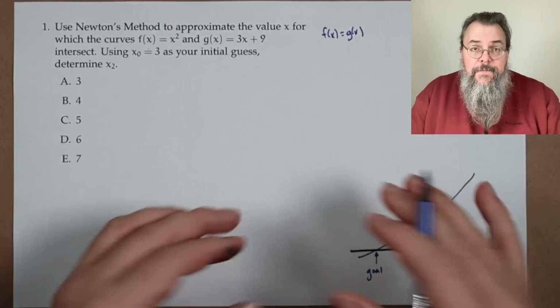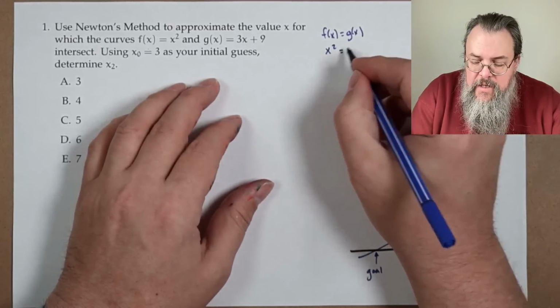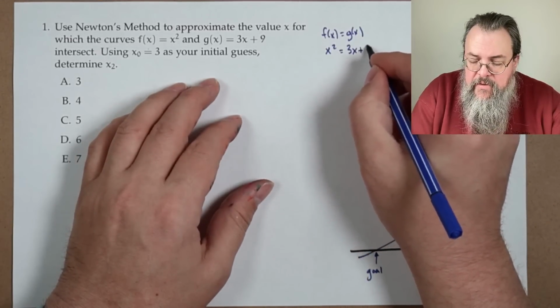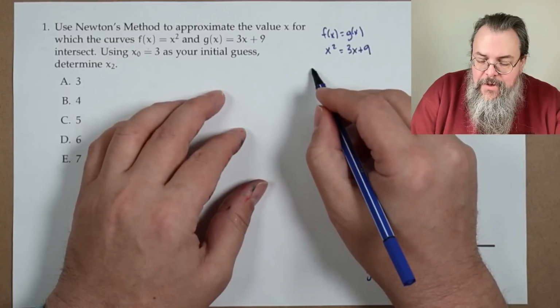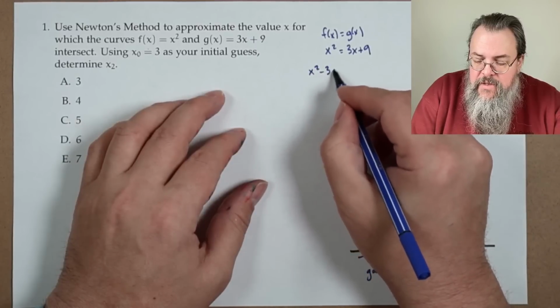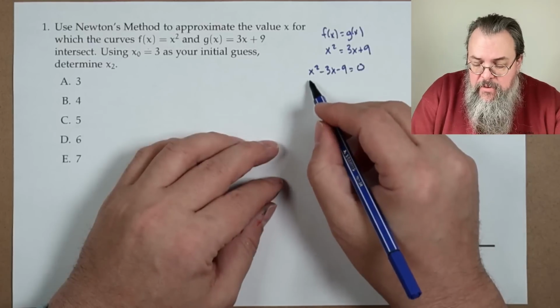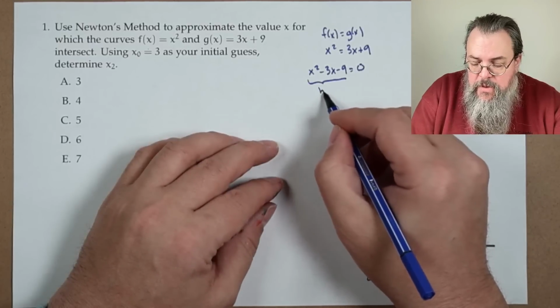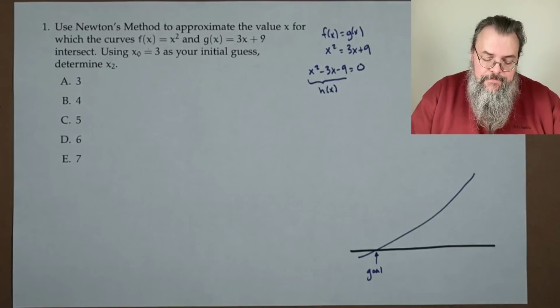We know what f and g are, so that means we want x squared to equal 3x plus 9. Or we want to know when x squared minus 3x minus 9 equals 0. So this is the function we're going to apply Newton's method to. We'll call it h of x.